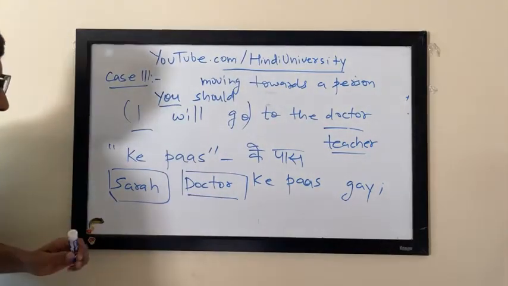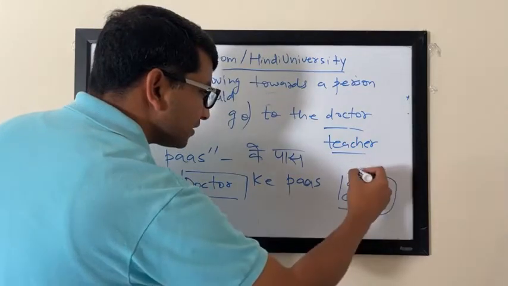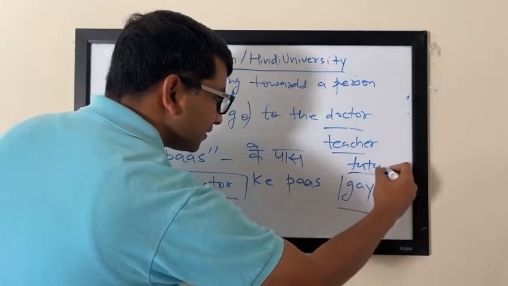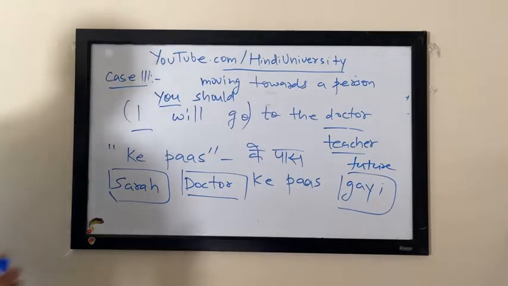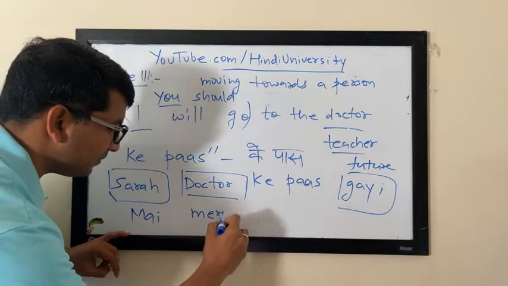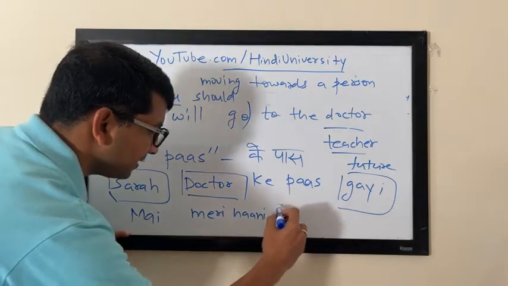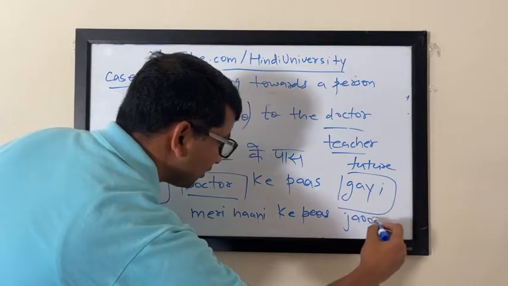Vatsala ji, you want to do the same thing? Let's say this time you want to change this and this also and make it future. मैं मेरी नानी के पास जाऊंगी. Very good. And what does it mean?